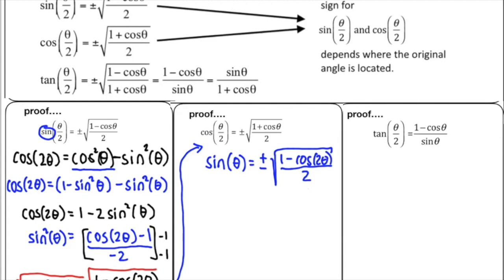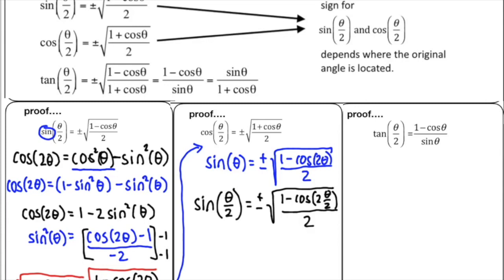The reason is that whatever value we put in for theta, say a 5, that 5 is going to appear on the right hand side as well. So we just drop in a half, and it's going to be the sine of theta divided by 2 equals plus or minus the square root of 1 minus cosine of 2 times theta divided by 2, all over 2.